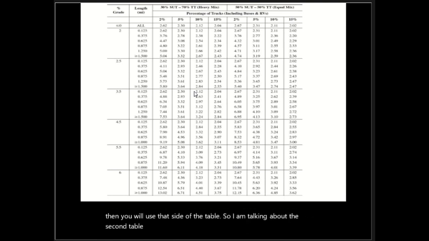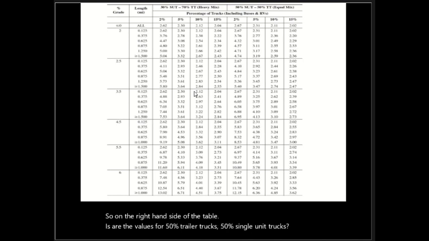So I'm talking about the second table. On the right hand side of the table are the values for 50% trailer trucks, 50% single unit trucks. And on the left hand side, these columns are for 70% trailer trucks and 30% single unit trucks.